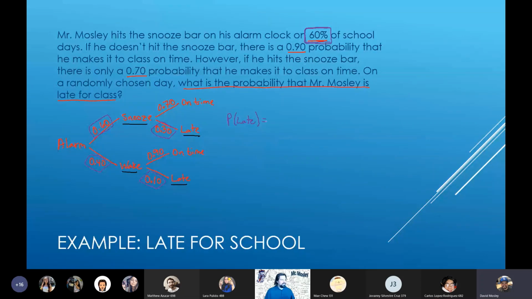This is going to be equal to the probability that I snooze and I'm late, plus the probability that I wake up and I'm late.